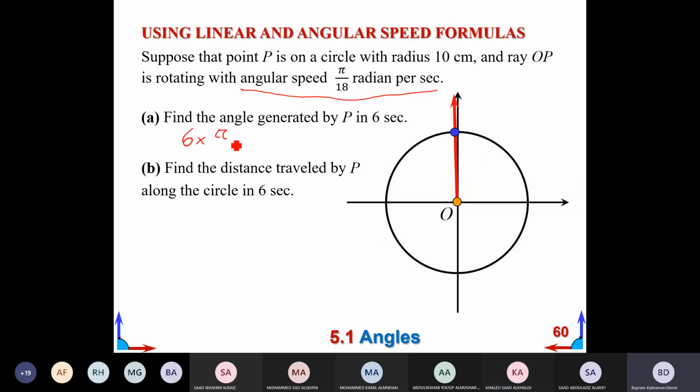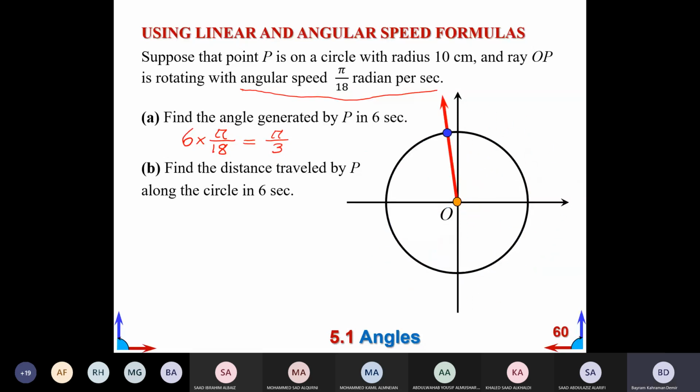So pi over 18 in 1 second. How about in 6 seconds? So what do we do? Multiply by 6, right? Which is equal to, Shabab, pi over 3.